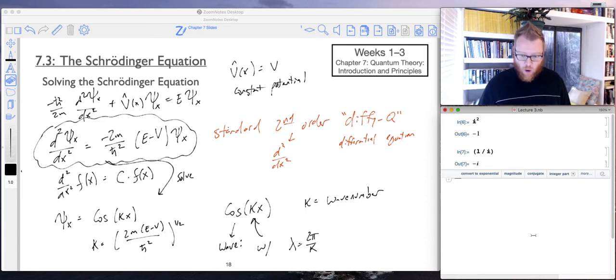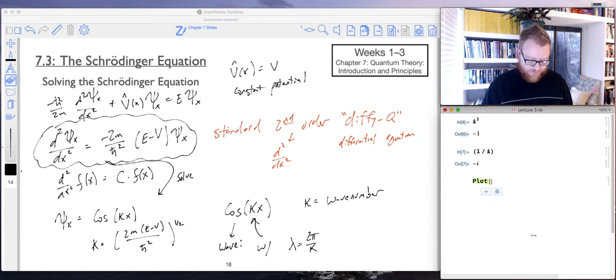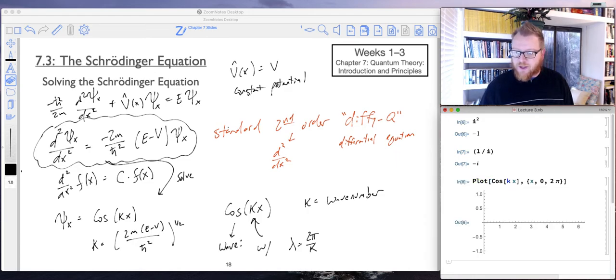Okay? So if I now define a function, I'm going to just plot it straight off the bat. Plot cosine kx bracket. And we're going to go from x from, let's say, 0 to 2 pi. End bracket. And I think that's enough to give me a lovely cosine function.